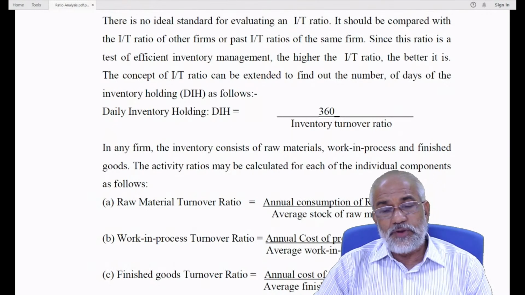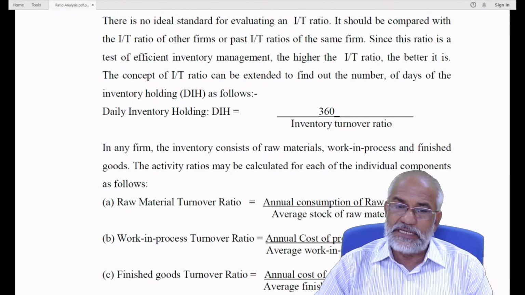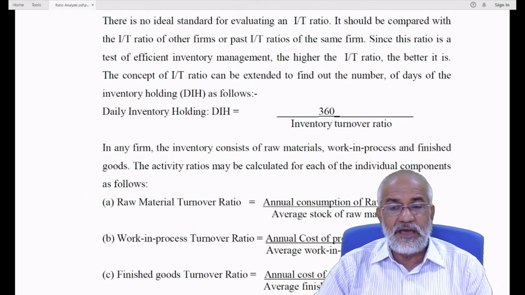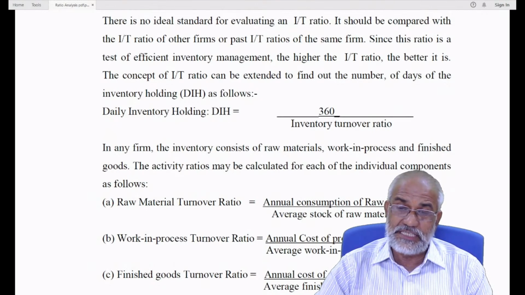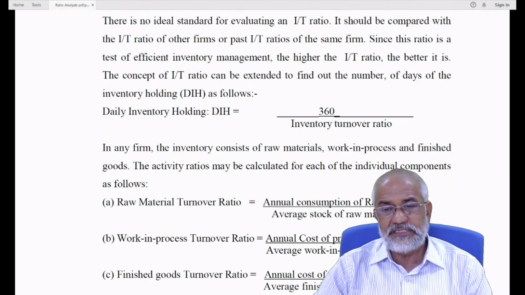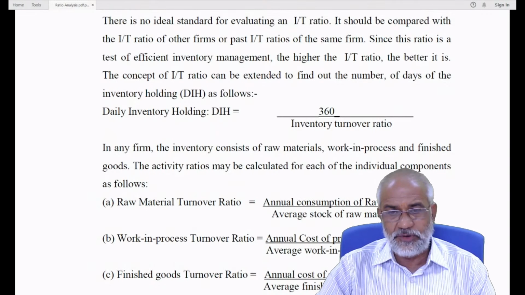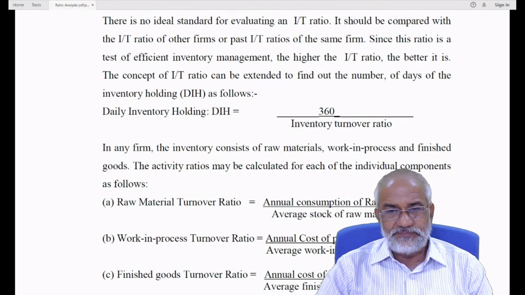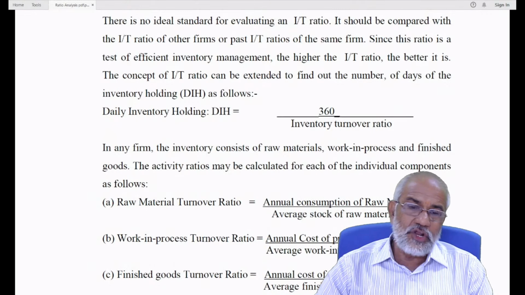Then the closing stock of raw materials is to be deducted therefrom. That would be the annual consumption of raw materials. When that annual consumption is divided by the average stock of raw materials, which is computed in the same way, opening stock of raw materials plus closing stock of raw materials divided by 2, that would be the raw material turnover ratio.